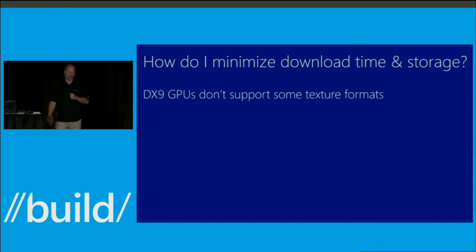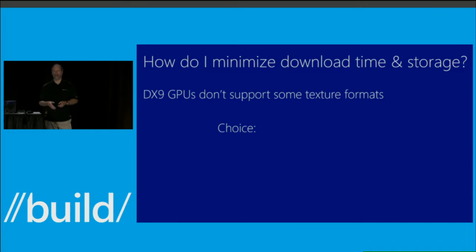And the reason this is a challenge is because, for example, in some cases a person has a DX9 card in their machine, and that requires certain types of texture formats. But another user may have a DX11 card in their machine, and that has some additional types of pixel formats that actually look better.